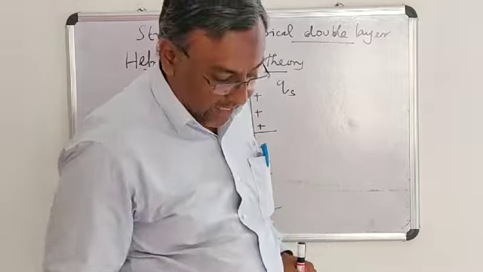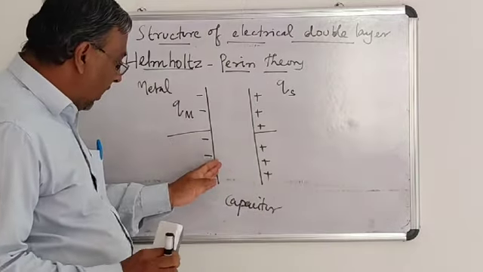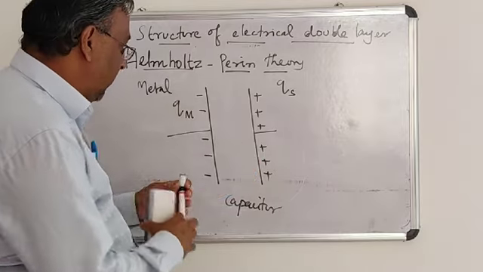Electrostatic theory explains the potential difference across these two plates.